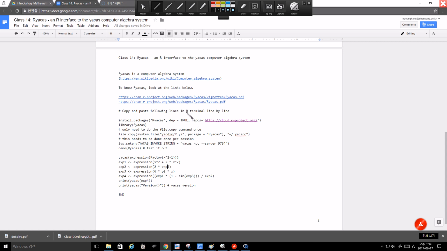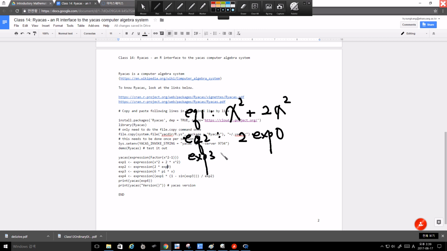Expression 1 is basically x squared plus 2x squared, which is 3x squared. Expression 2 is an exponential, with some constant x0. And expression 3 is 6 pi x.